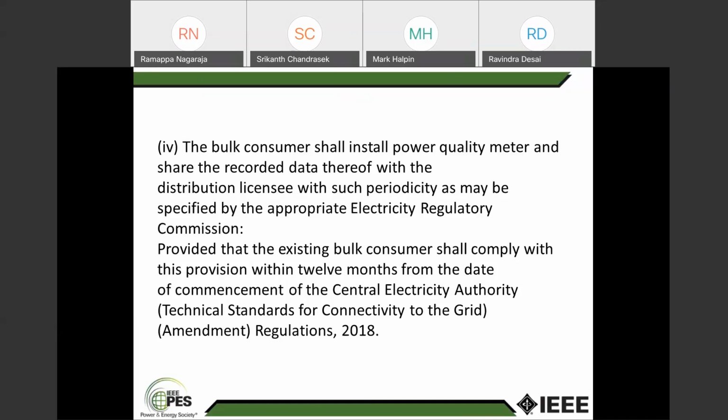Some users will readily accept the utility's data based on that 61000-4-30 compliance certificate. Other customers may very well install their own power quality instrumentation. And so sometimes you actually have two power quality monitors, one owned by the utility and one owned by the user, monitoring the same thing.